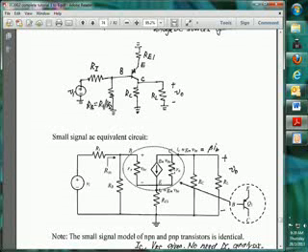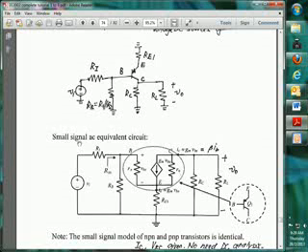You can take R0 to be open because it's a very large resistance. However, for output resistance calculation, you cannot ignore R0. If you ignore R0, you will not be able to find Rout, the output resistance value, properly.